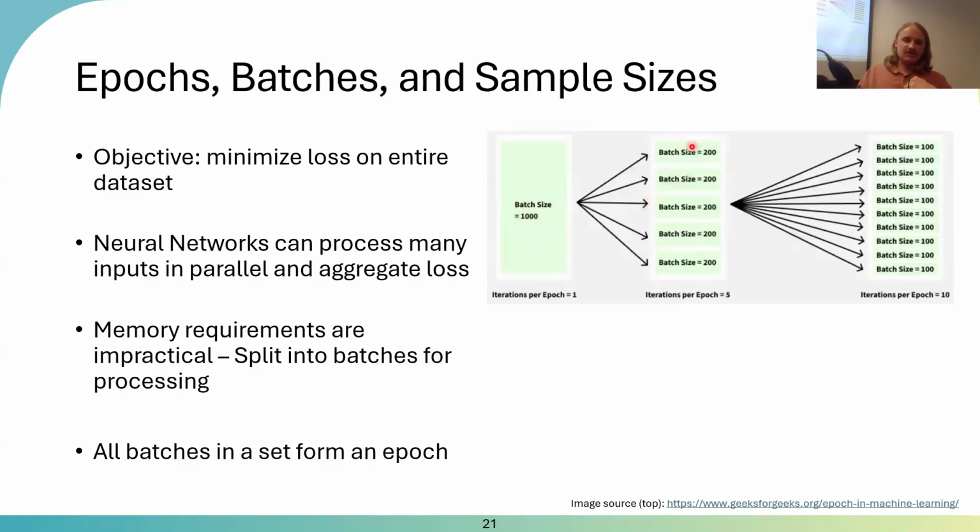You could split it up into 5 different batches of size 200, and if you iterate over all 5 of these, so you've fed the model all 5 batches, then you will have what we call a single epoch, because the model has seen all of the data one time. Oftentimes you will iterate over 10, 100, 1,000 epochs, depending on the complexity of your task. It may require the model seeing the data many times.